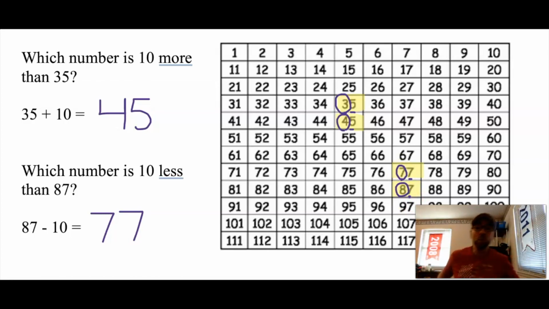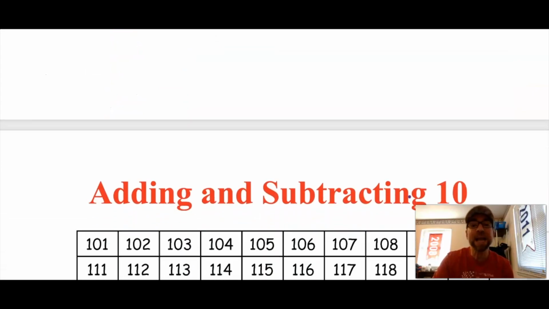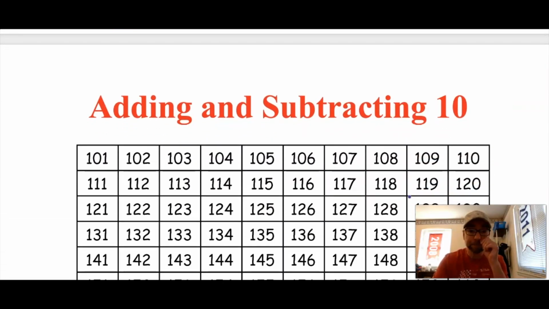So our warm-up involved 10 more and 10 less, adding 10, subtracting 10. We have been using the number grid to solve problems like these in the past. Today, we're going to try and work on being able to do it in our minds. But we'll use our number grid to see if we can discover some patterns. You might have to clear off your number grid.